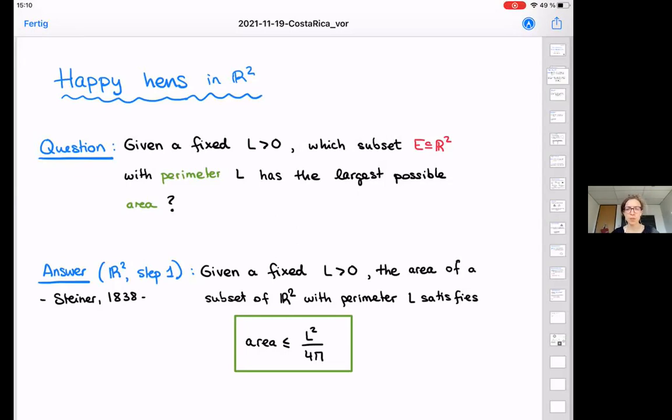Okay, so this is an upper bound. And this inequality is what is known as an isoperimetric inequality.